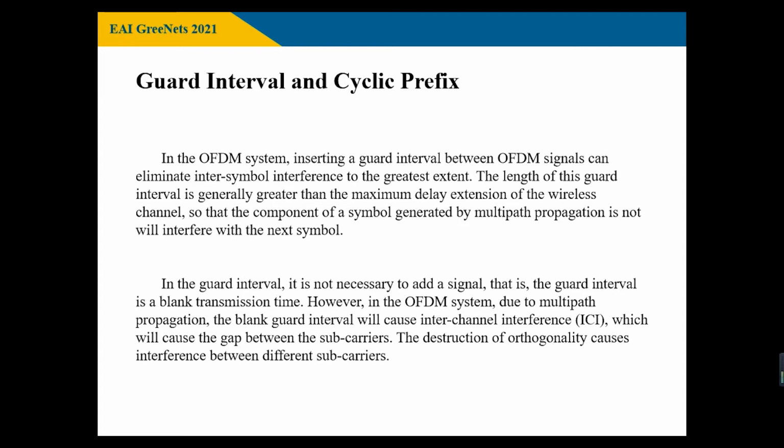The length of this guard interval is generally greater than the maximum delay extension of the wireless channel, so that the component of a symbol generated by multipath propagation will not interfere with the next symbol.